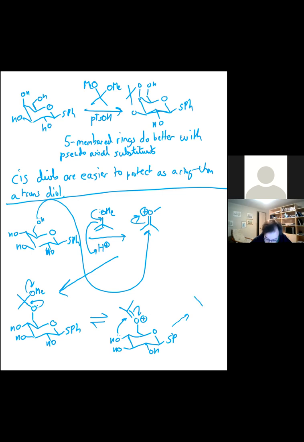And we get a 5-membered ring or a 6-membered ring, and we still have these two OHs. And we know this likes making 5-membered rings, so this repeats. And we protect 2 and 3 also as the acetal.